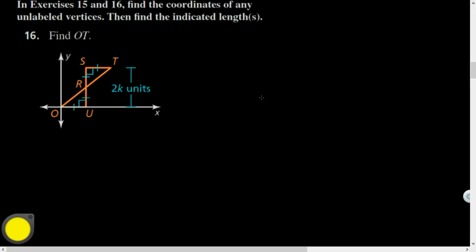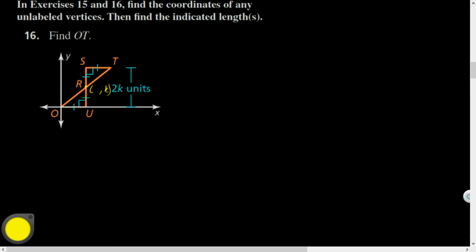K does not represent 1,000, so 2K Sports is not what they're promoting. It's just a length. So if this is 2K and R appears to be the midpoint, by definition of midpoint, half of 2K is K. So R's y-coordinate is going to be K.